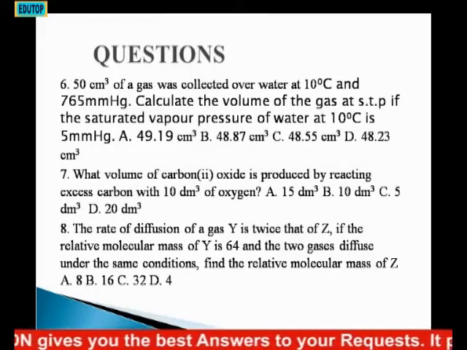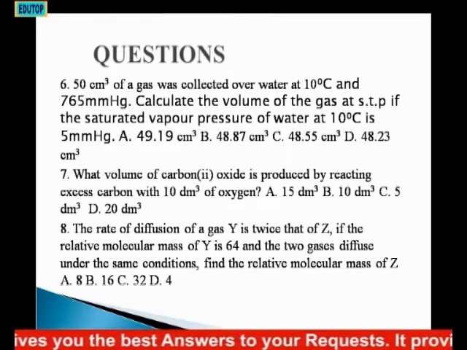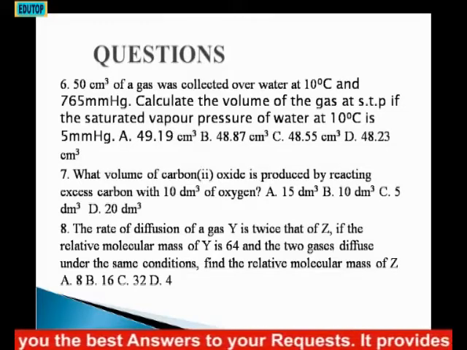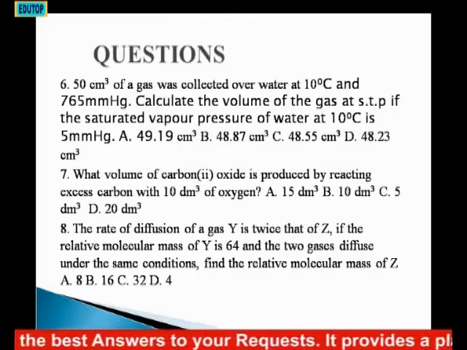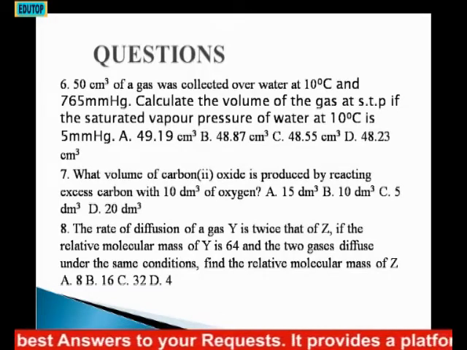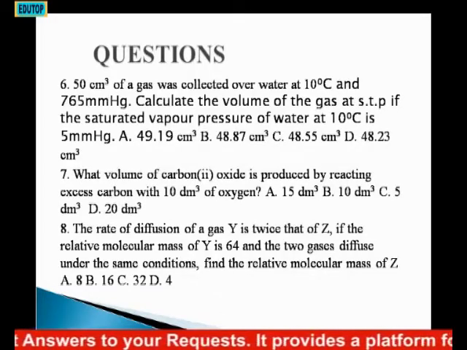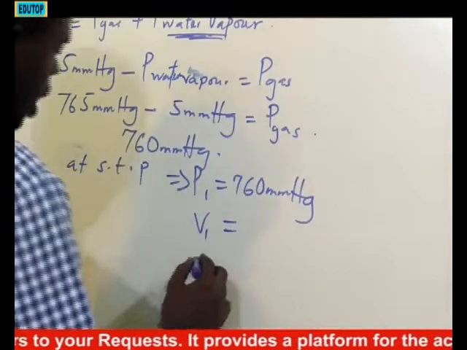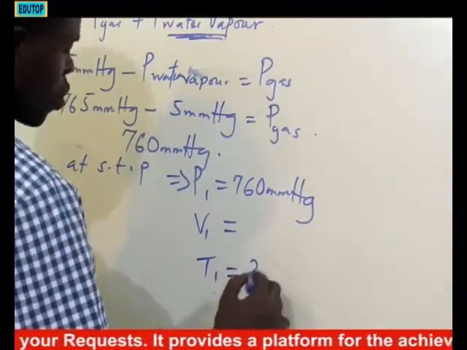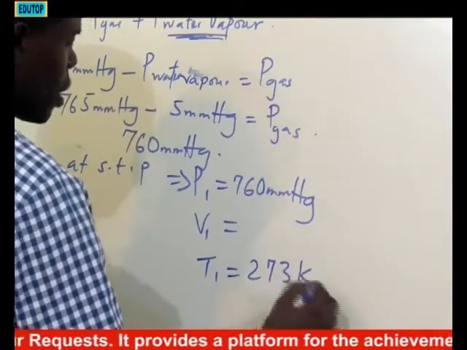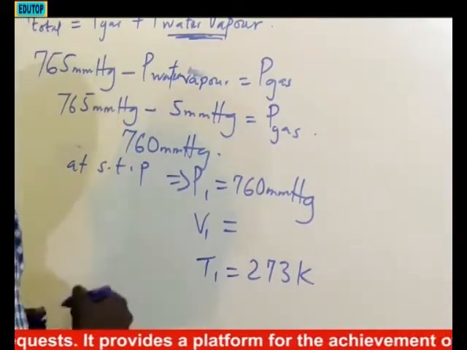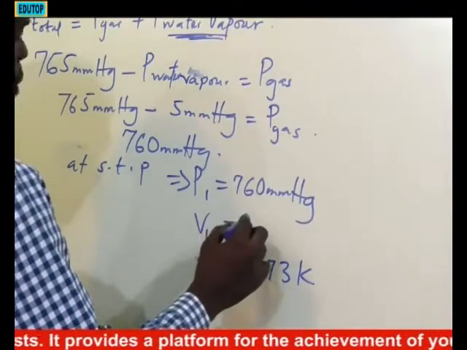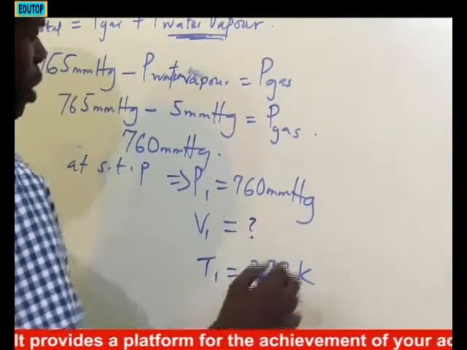Calculate the volume of the gas at STP if the saturated vapor pressure at 10 degrees Celsius is 5 millimeter mercury. So in this situation, we have our T1 equals 273 Kelvin. Then our V1 here is what we want to calculate.